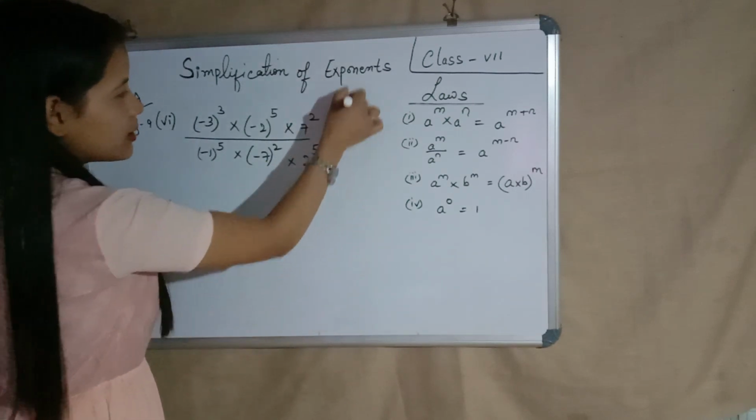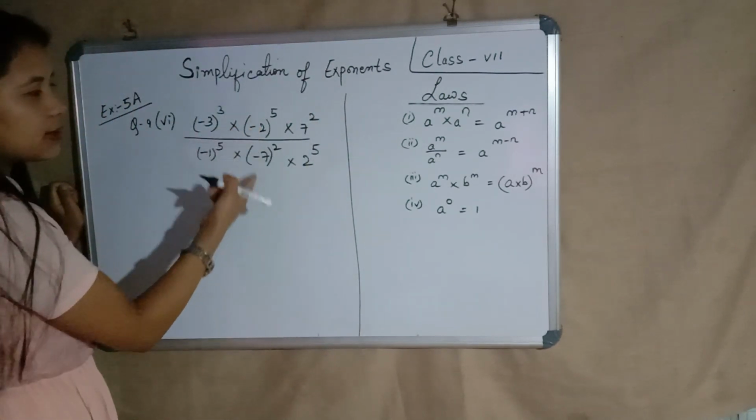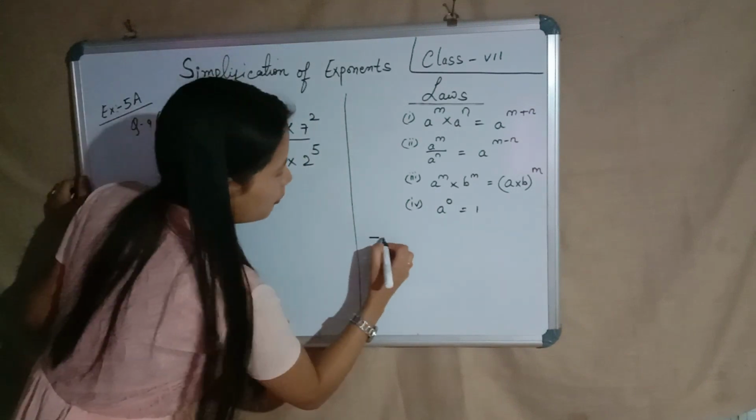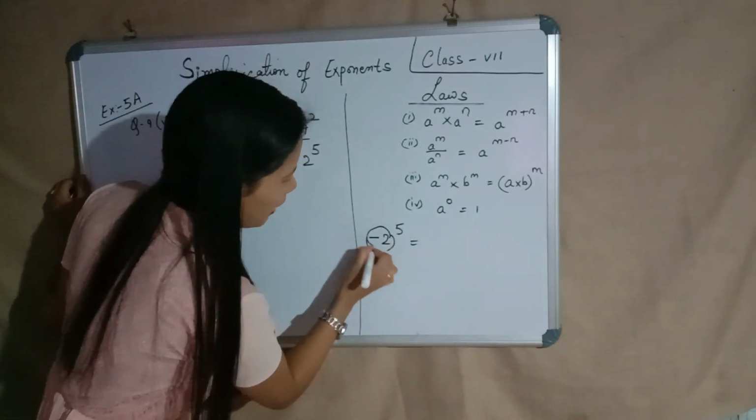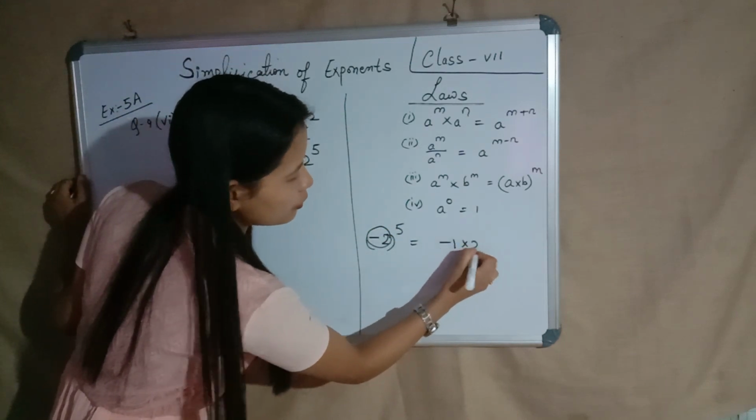But we can always make these the same. How? Minus 2 to the power 5: this minus 2 can be written as minus 1 into 2.